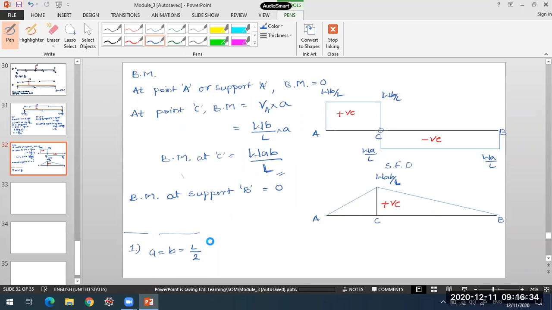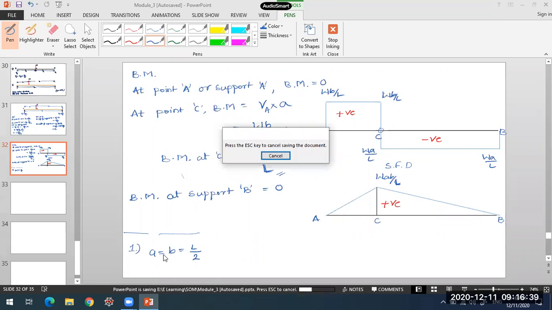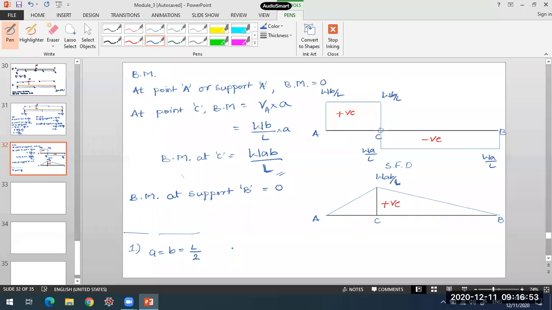So even for the simply supported beam carrying a concentrated load at the midspan, you will have A equal to B equal to L by 2. If you substitute both A and B as L by 2, you should be getting the shear force value as W by 2, minus W by 2.